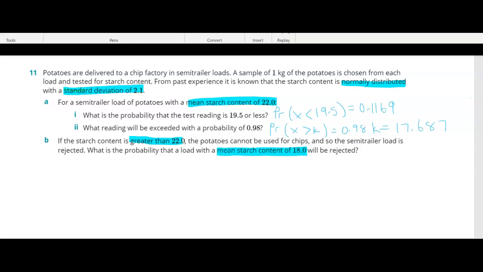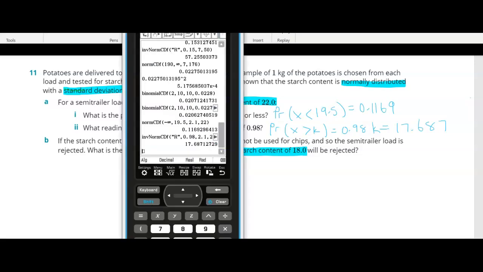So we want to do the probability, what is the probability, mean starch content of 18? Sorry, let's read the question again. If the starch content is greater than 22, so x is greater than 22. We'll go back and do that on the calculator.